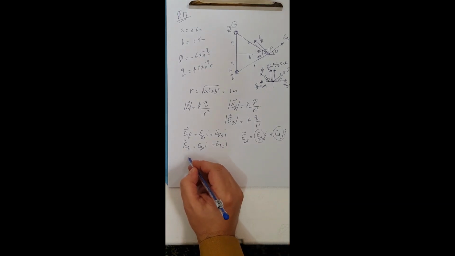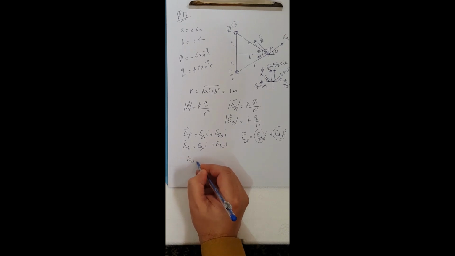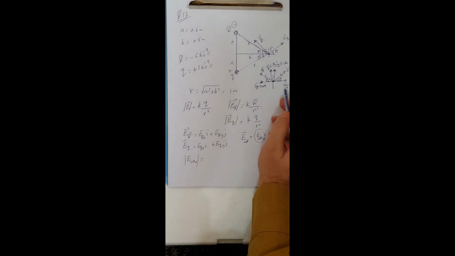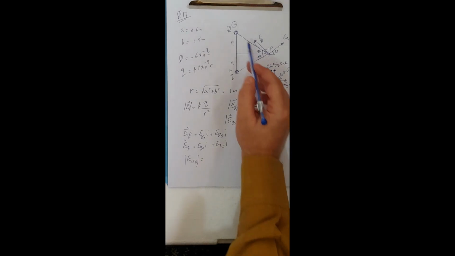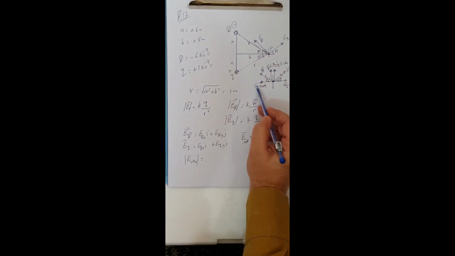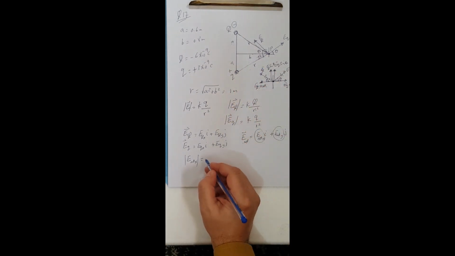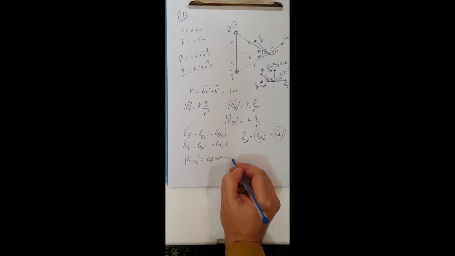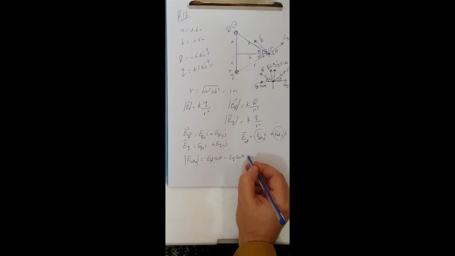So here we say E net x, the magnitude, of course. You just say large minus small. Of course, this is larger because the charge EQ is bigger and it's the same distance. So here we say EQ cosine theta minus EQ small cosine theta, and that gives you the total.